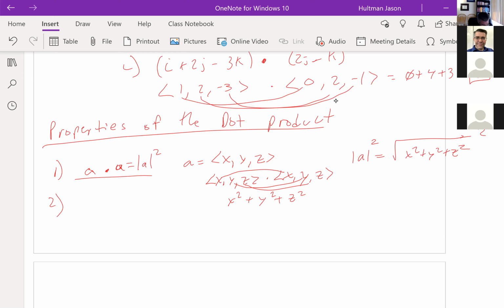Property 2 is A dotted with B plus C, vector B plus C. Now, these are all vectors. Lowercase c is a vector.